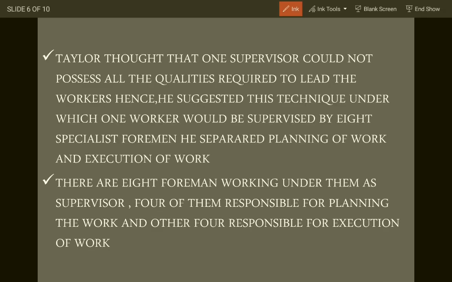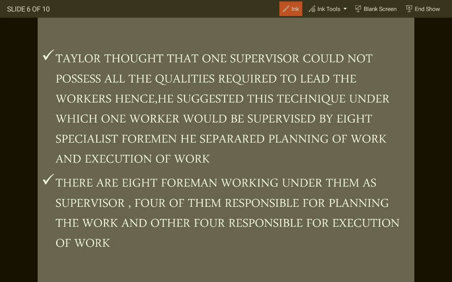Now Taylor thought that one supervisor could not possess all the qualities required to lead the worker. It's not possible for one person to be good at repairing, at maintaining discipline, at maintaining the cost, at maintaining the quality of the product, and at assembling the raw materials, tools, and equipment.